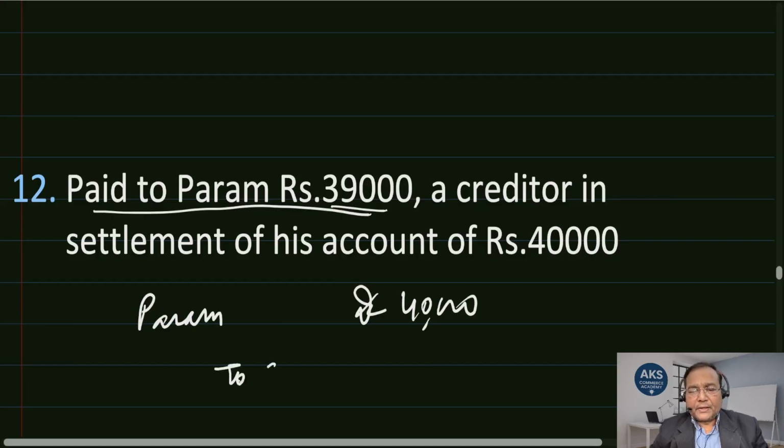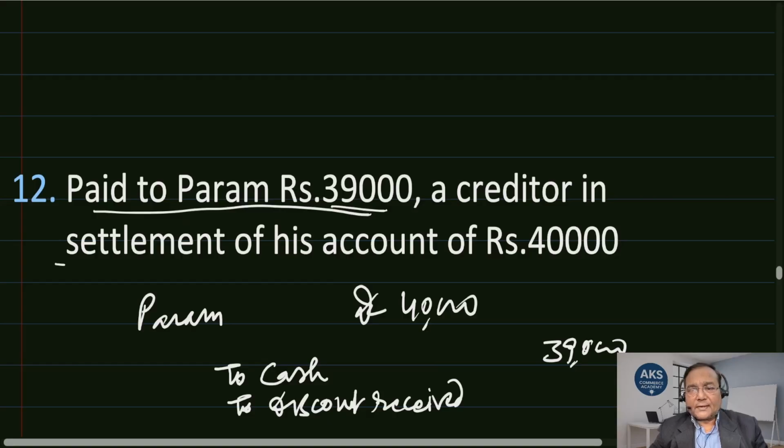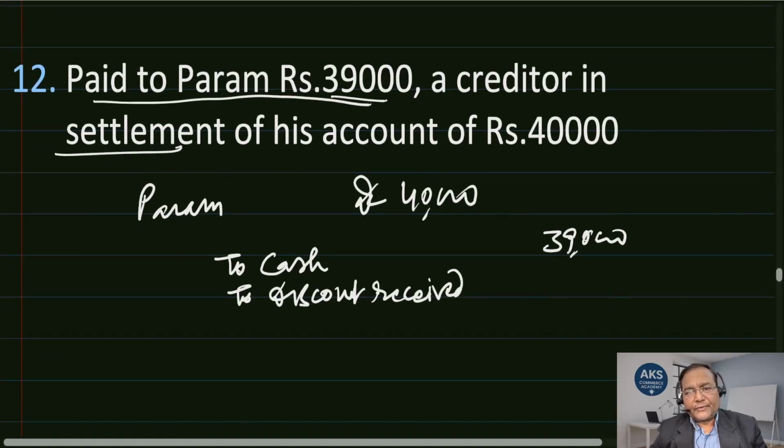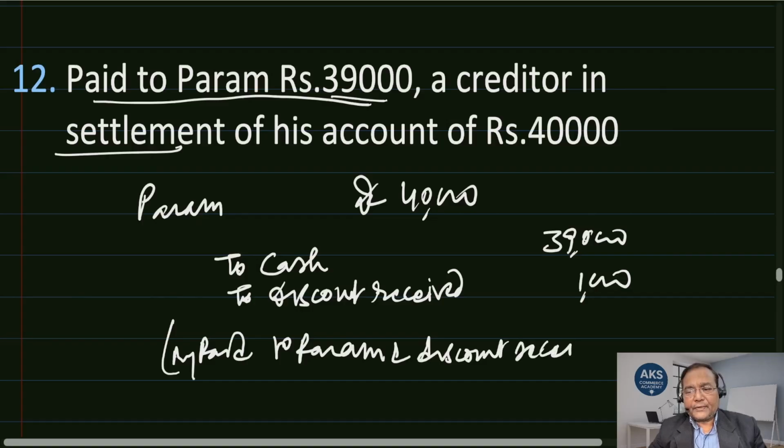To cash 39,000, and then there is discount received. If it is in full settlement of his account, that means no further payment is required to be made. So out of 40,000, 39,000 was given in full settlement. So 1,000 rupees is the discount received. Being payment made to Param and discount received. All right, so this is the entry we need.